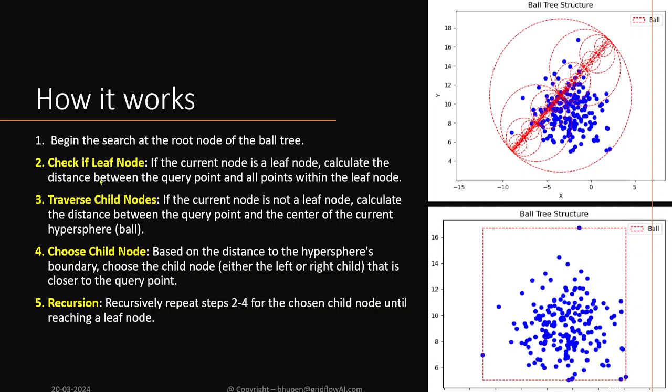It works pretty much the same way as KD tree: it starts at the root node and finds out whether the node is a leaf node. If not, it will continue to recursively find the ball where the matching neighbors could be found.